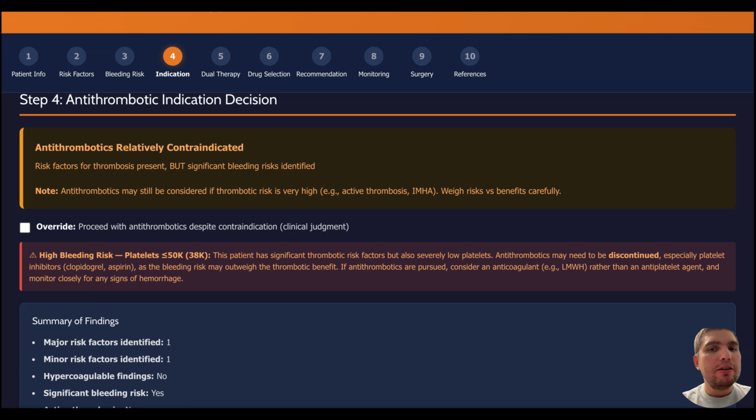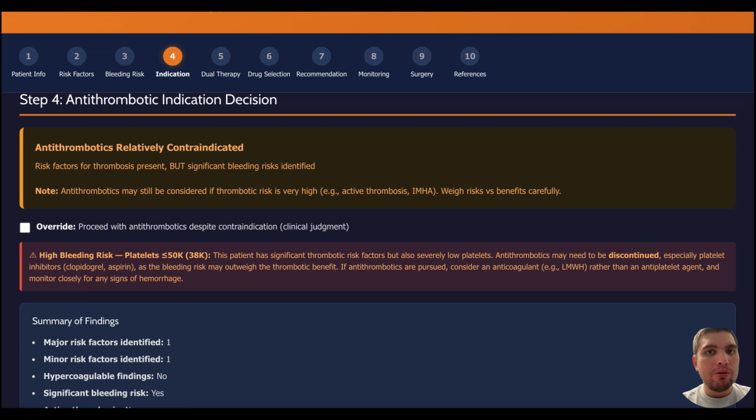So again, you can still override that recommendation, but since the risk of bleeding is very high and platelets are less than 50,000, I personally would follow this advice. And again, this tool is made based on my personal experience and the curative guidelines as well as published literature.